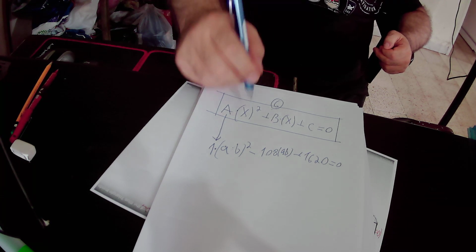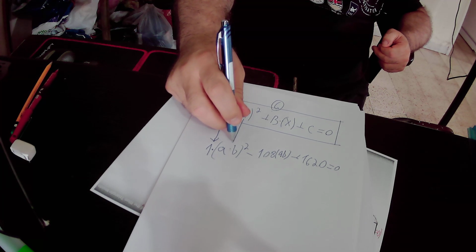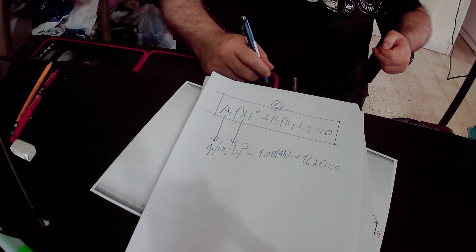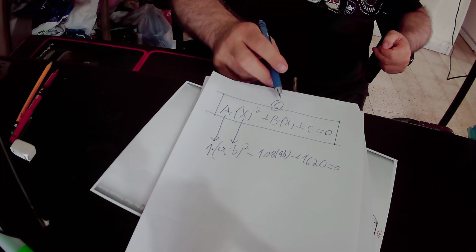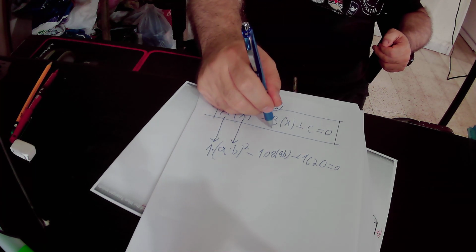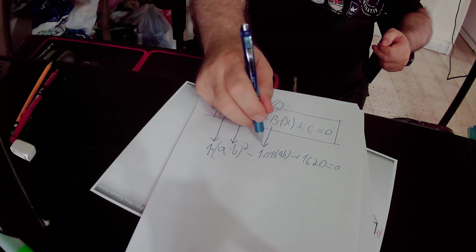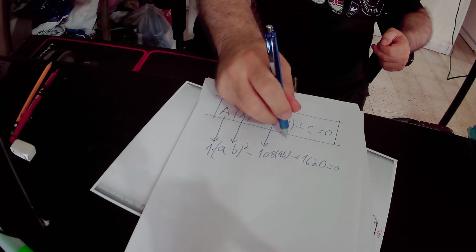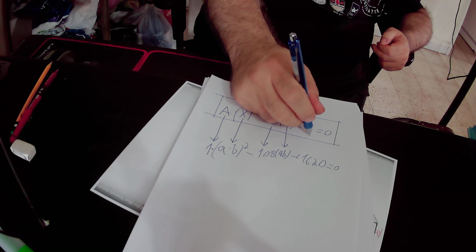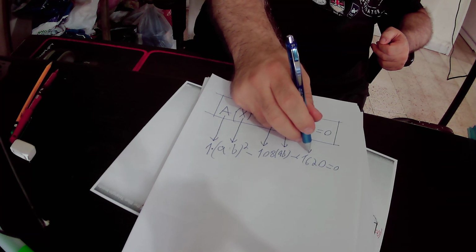And the value of x equals a times b. The value of b equals negative 108. The value of x is a times b, and the value of c is positive 1620.